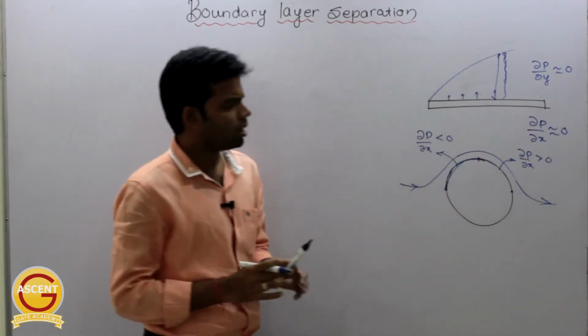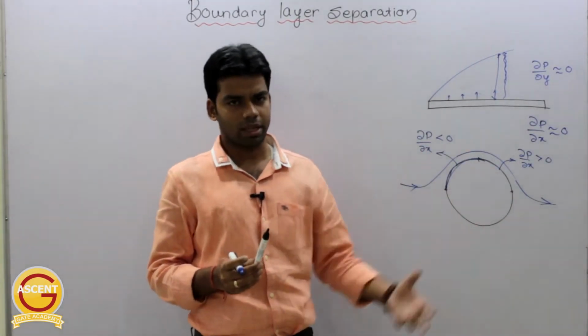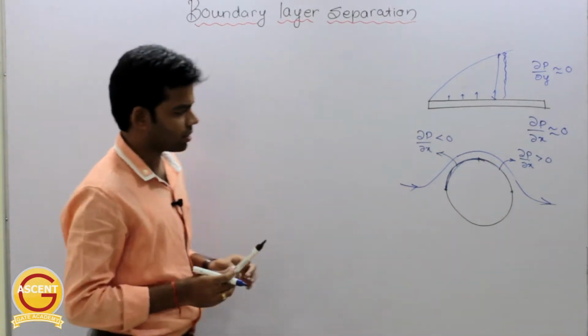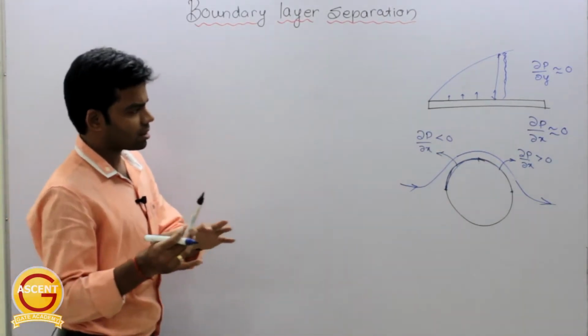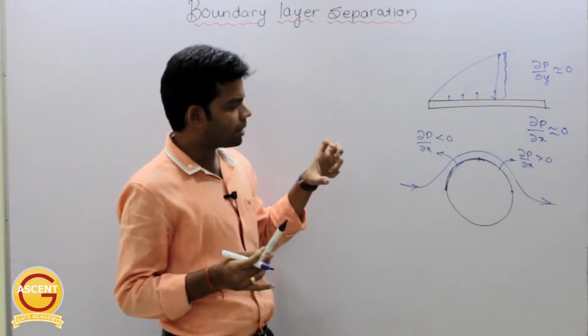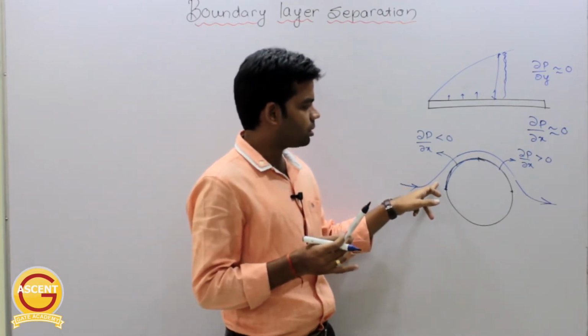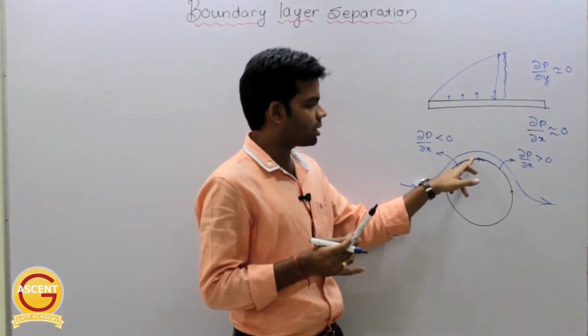Now what is the impact of this change in pressure in the x direction on the boundary layer? Before that, let us understand the impact of this pressure change on the velocity profile. What will happen to the velocity of the fluid? In this region the pressure is continuously decreasing.